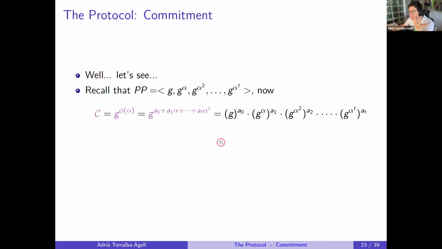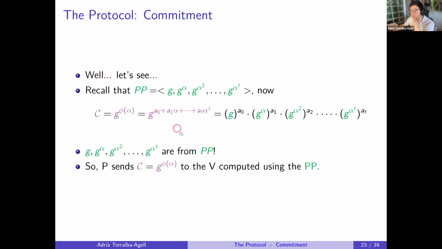But now we don't have alpha, but we have the public parameters, and we already have this g to the alpha, this g to the alpha squared, this g to the alpha t. So using this rearrangement and the public parameters, the prover is able to compute this commitment without knowing alpha, which is a really clever trick.